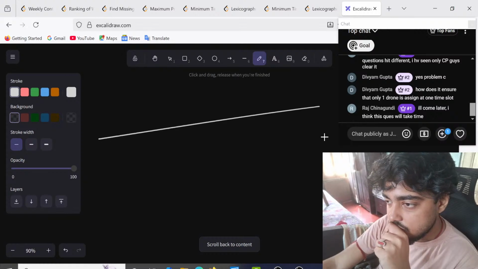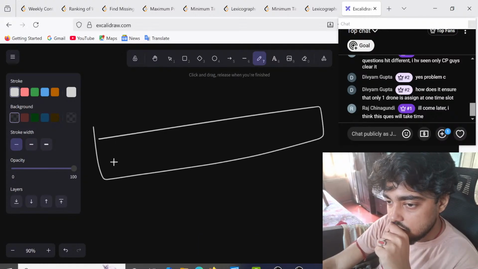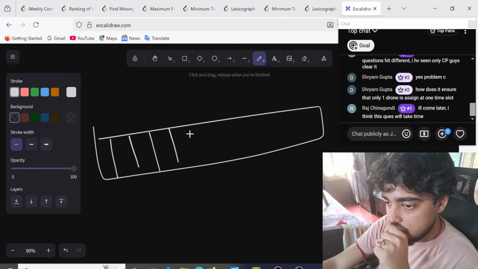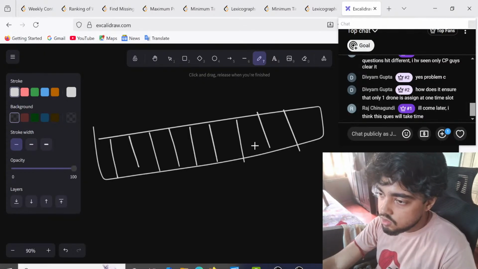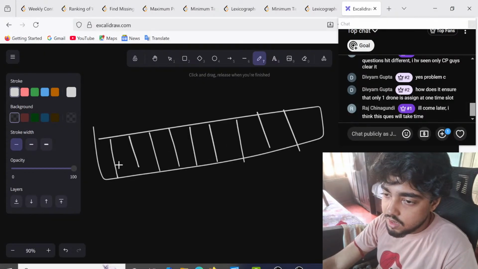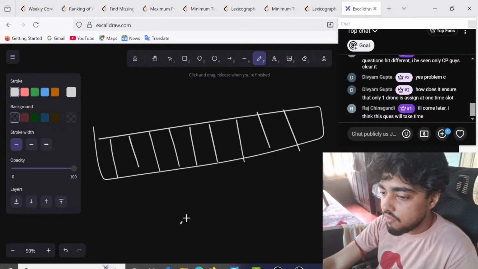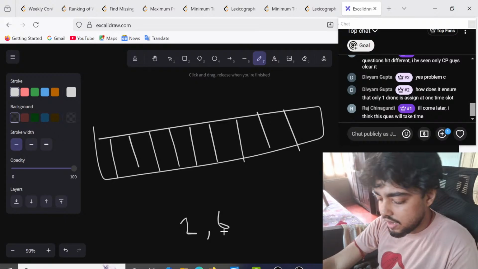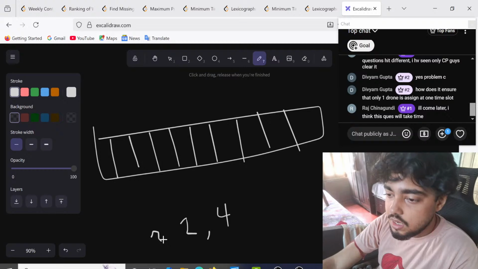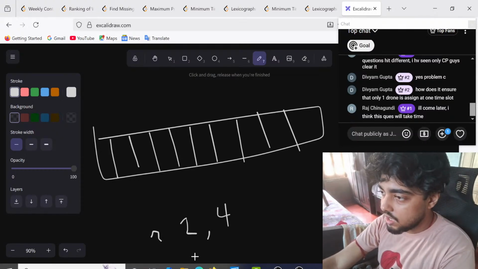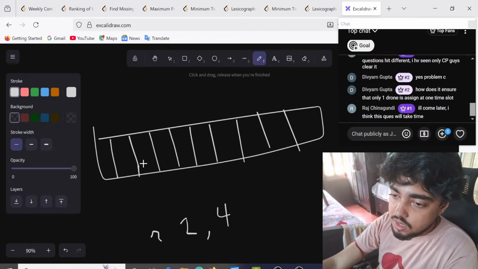See, let's say 1 2 3 4 5 6 7 8 9 10. Let's say one of them is 2, the other is 4. This is the values of R. The D values I won't explain now, I'll come later. Which means that this slot is booked.